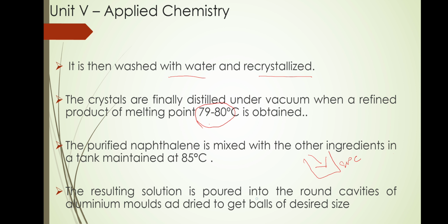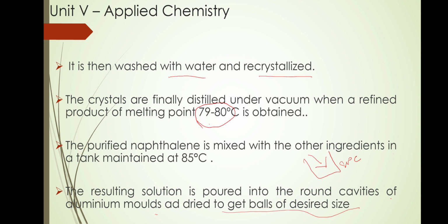The resulting solution is poured into the round cavities of an aluminium mold and dried to get balls of desired shape. An aluminium mold means molds with different shapes. The liquid is added and allowed to undergo solidification, so we get balls of the desired shape.